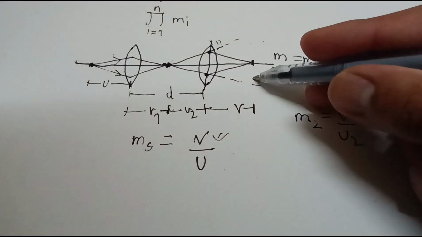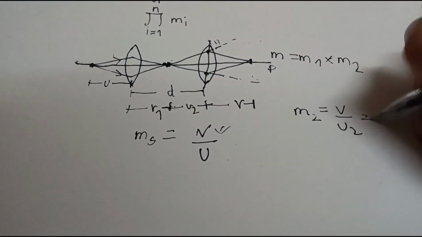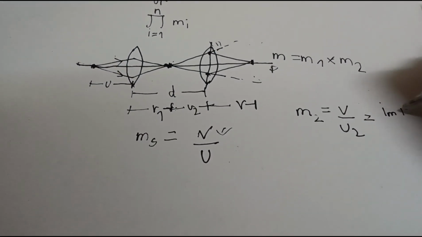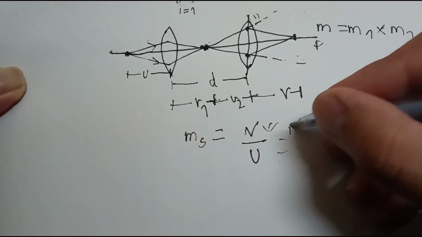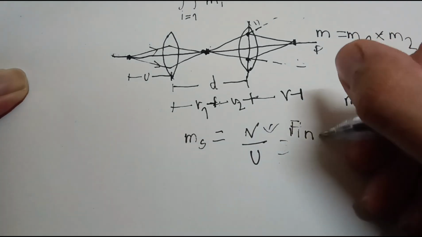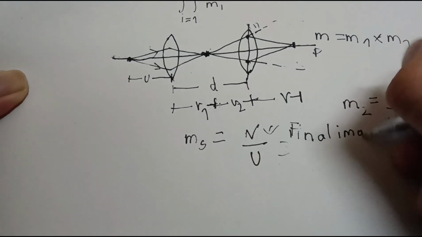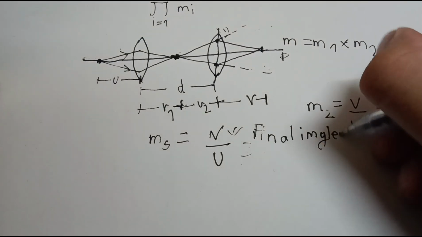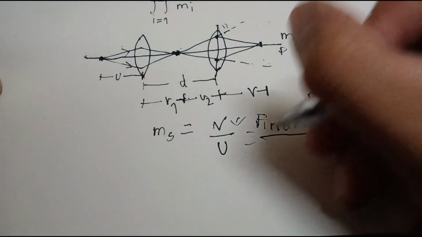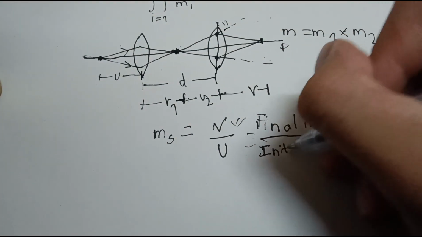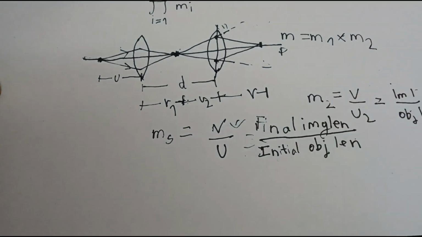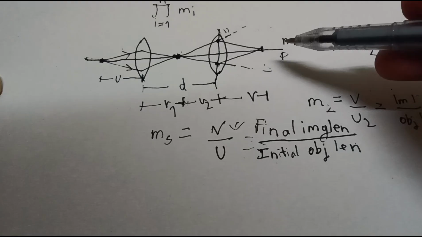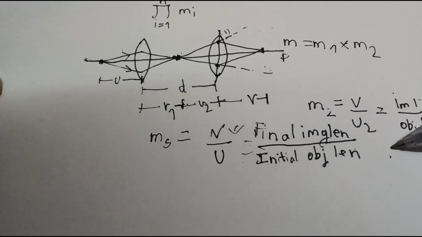If we are not taking a point object, then we can also say image length upon object length. Now that means I can write this as the following. I hope you understand, even though I've taken a point object, this is true too.